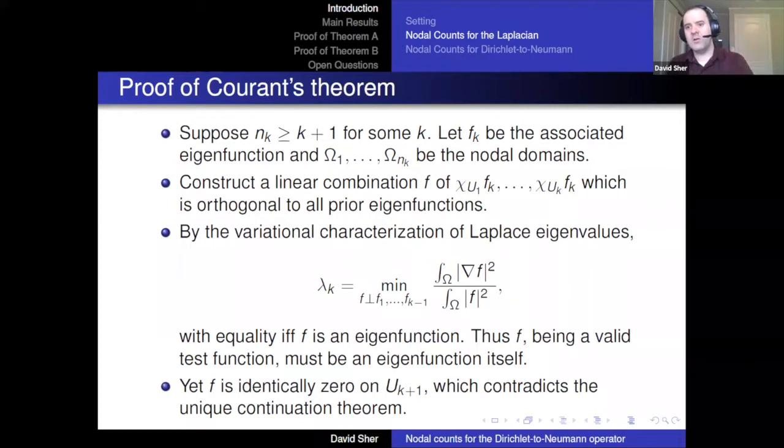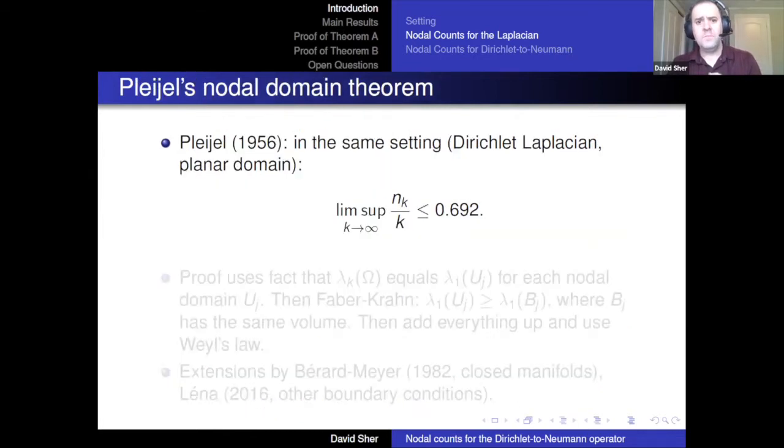So therefore, our Frankenstein linear combination f has to be an eigenfunction. The problem is that f is identically 0 on the (k+1)st nodal domain. And that contradicts the unique continuation theorem for the Laplacian. So that's the proof of Courant. It's a straightforward test function argument.